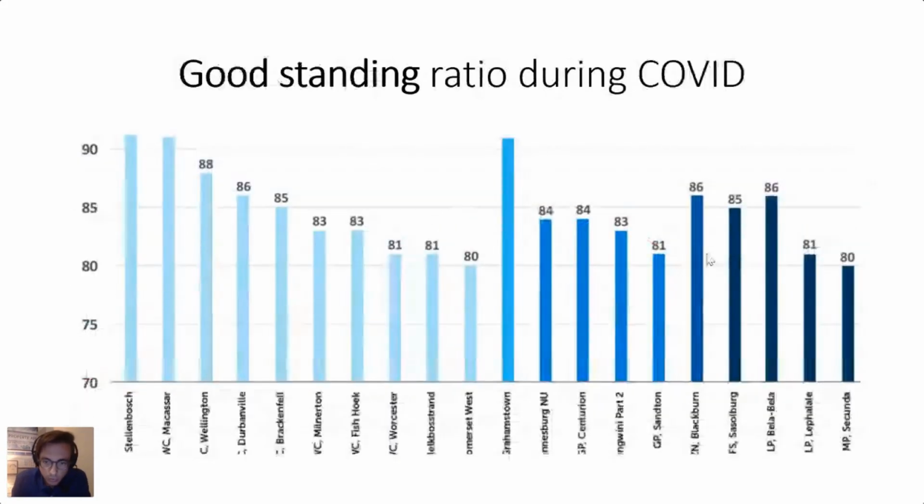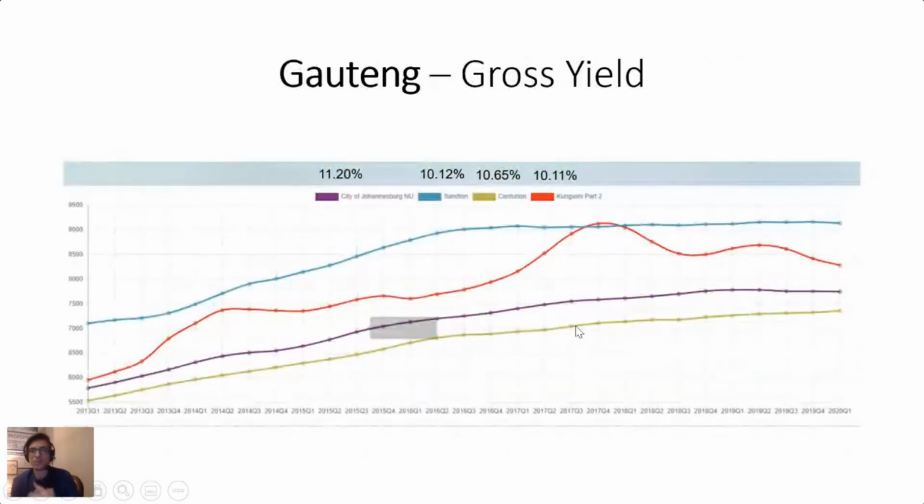So first of all, starting here in the middle, you can see here the 84%. This is Johannesburg CBD, 84% good standing ratio. How has that affected the gross yield? So what I've done here is I've taken four areas: Johannesburg CBD, Sandton, Centurion, Kempton. I don't know if you call them townships or towns or suburbs or whatever it is. Now, what you can see here is the gross yield from 2013 all the way through to 2020.